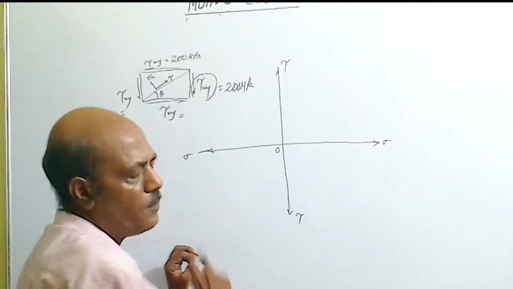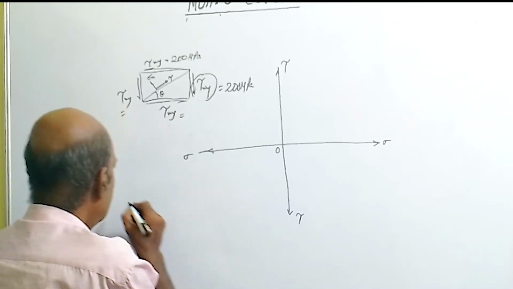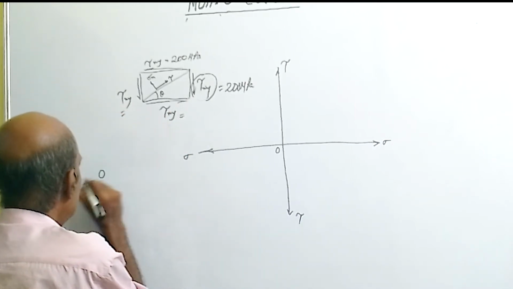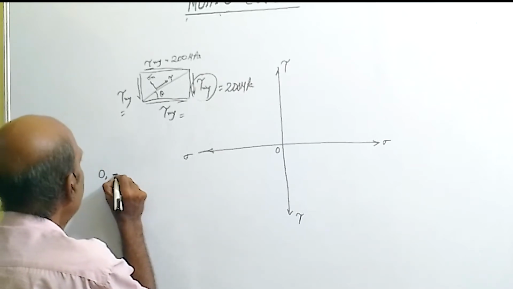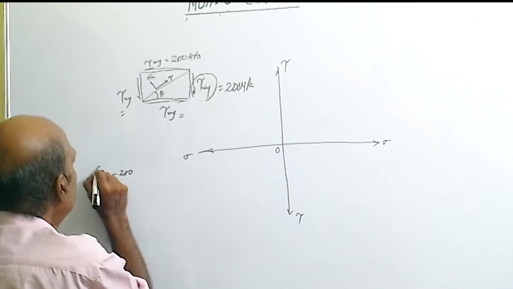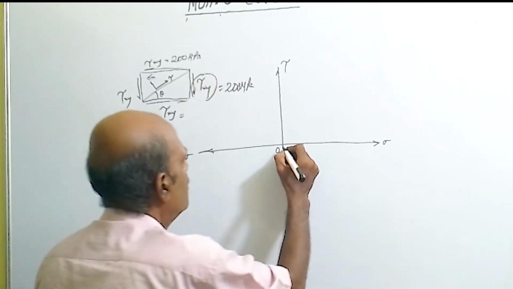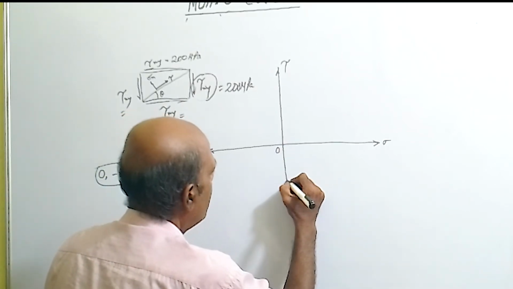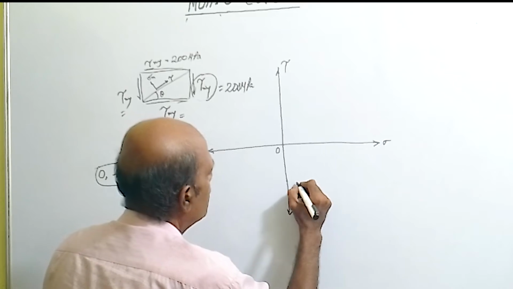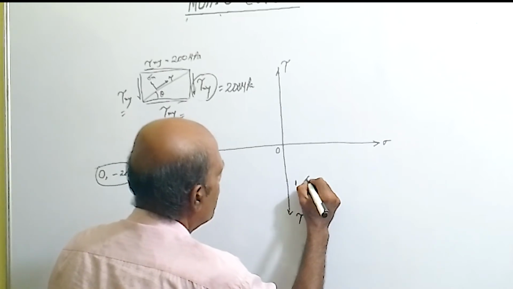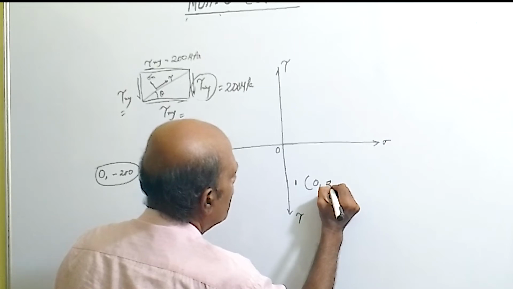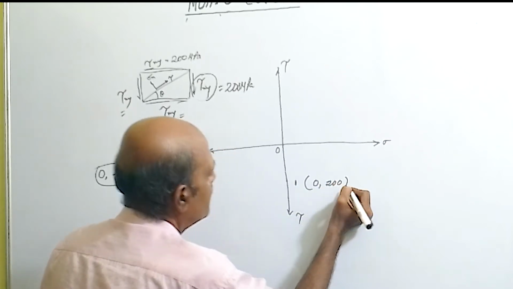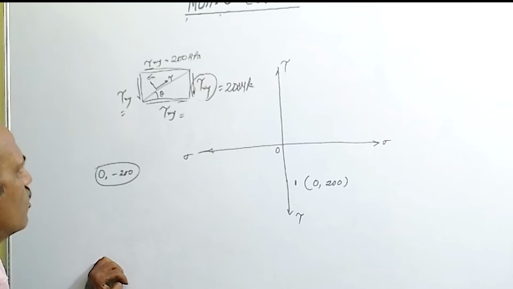Now on the x phase, sigma value is 0 and tau value is minus 200. So if we plot this, 0, and by some scale it is minus 200. So this is the first point we have plotted, that is 0, minus 200.